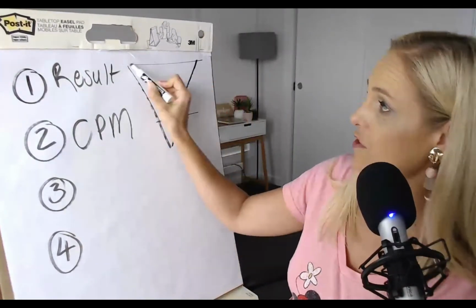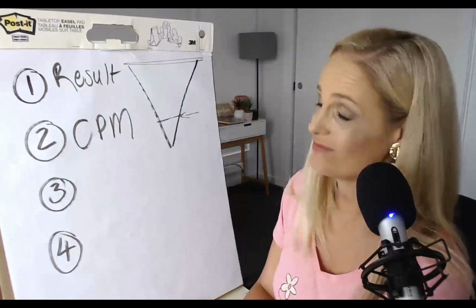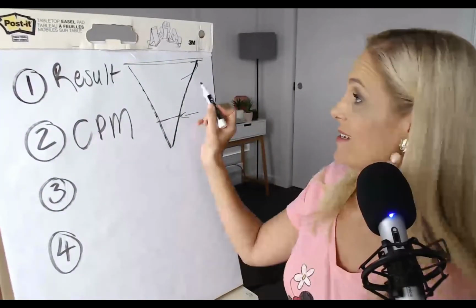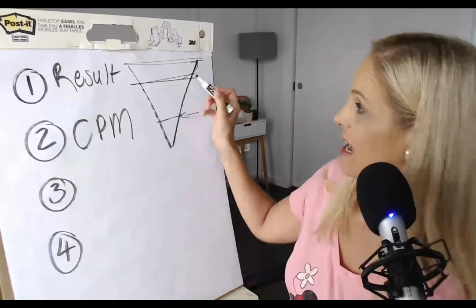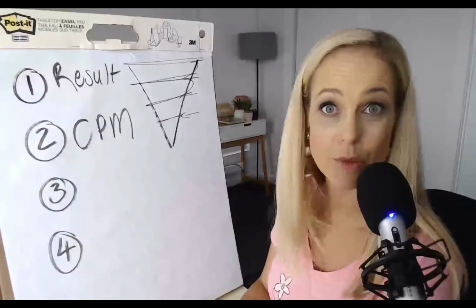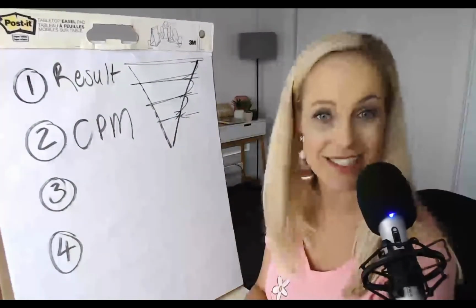You first have to be in the newsfeed of lots and lots of people before those people will click on your ad. There will be fewer people who click on your ad before those people go to your landing page, and there will be fewer of them before they convert.